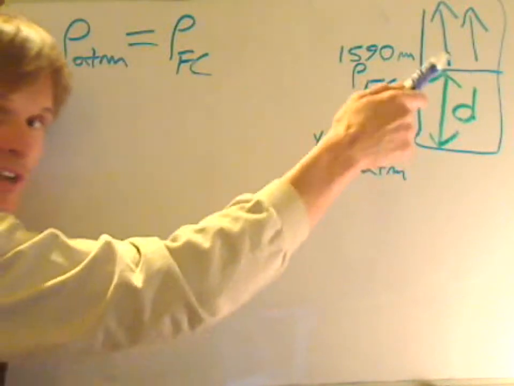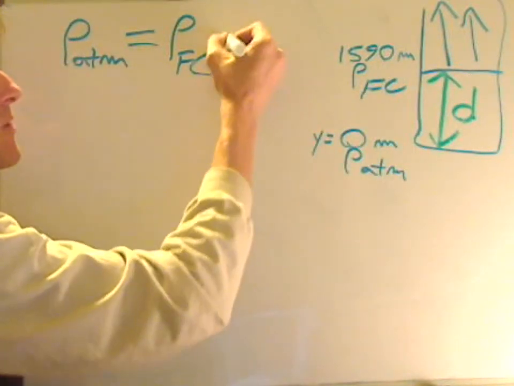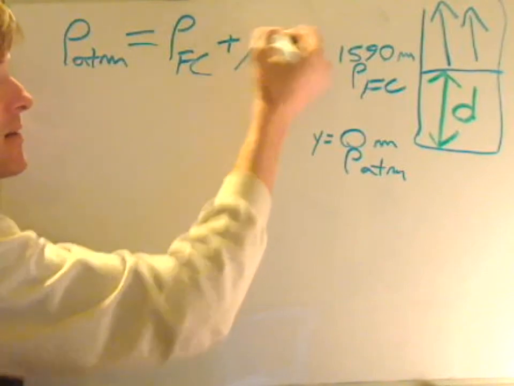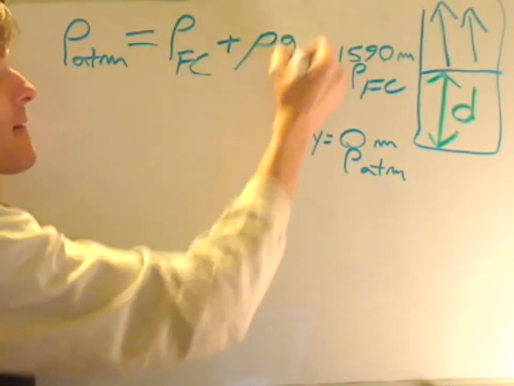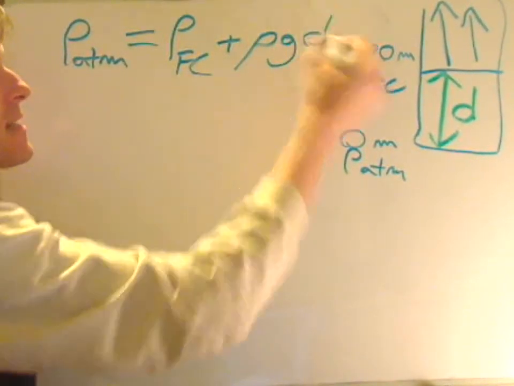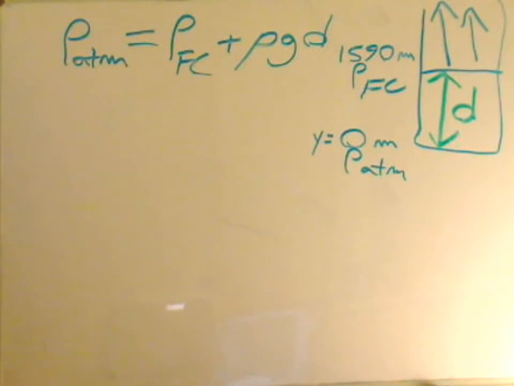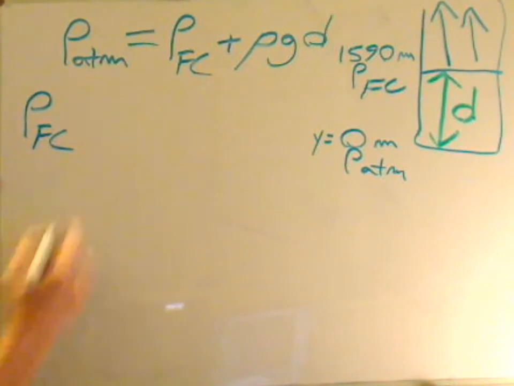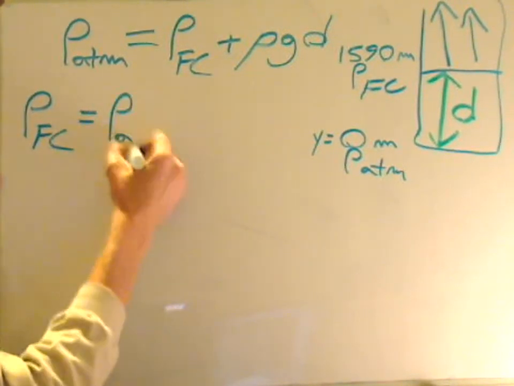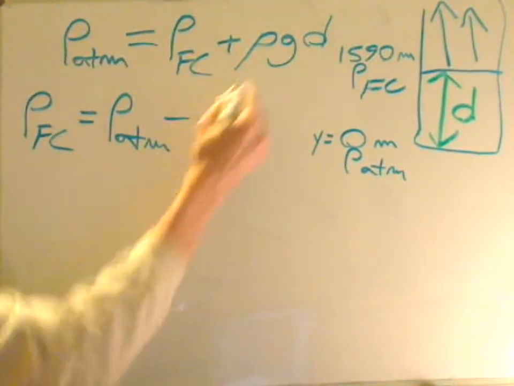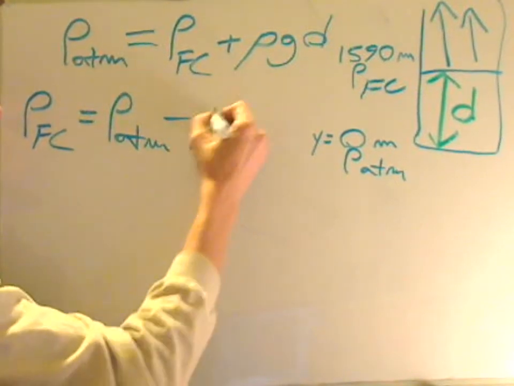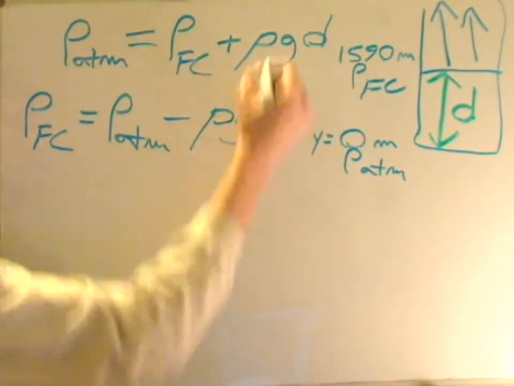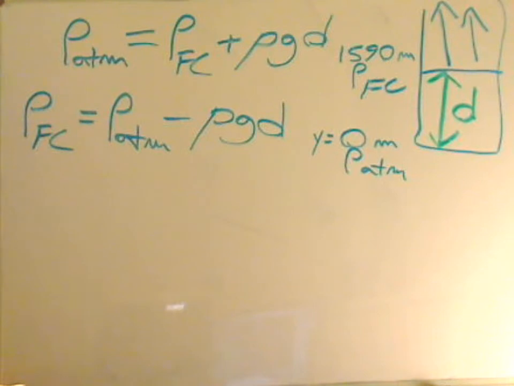And the pressure from this column of height D, as we've seen, is going to be density of air times G times D, the thickness of that column. Therefore, the pressure in Fort Collins is atmospheric pressure minus rho G D. We just subtracted this from both sides of the equation.